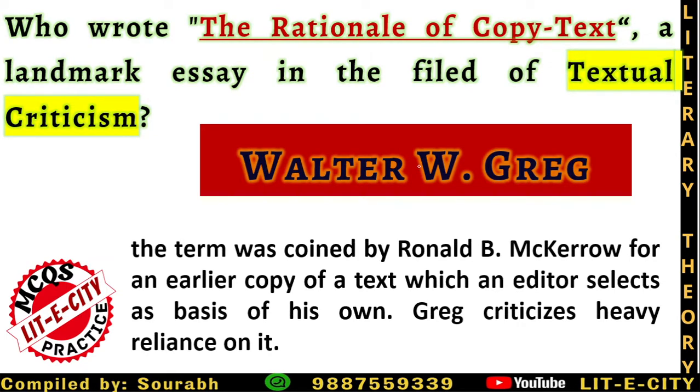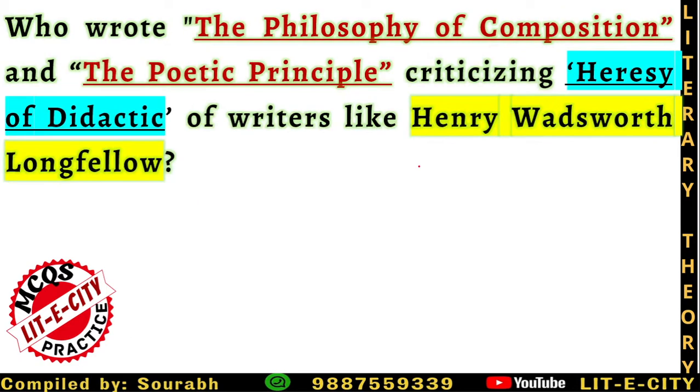The term copy text itself was coined by Ronald McKerrow, and by copy text he meant an earlier copy of a text which can become the base for an editor to interpret a work. Greg was actually against heavy reliance on such a seemingly authentic copy, but he was totally against heavy and total reliance on such copy texts.